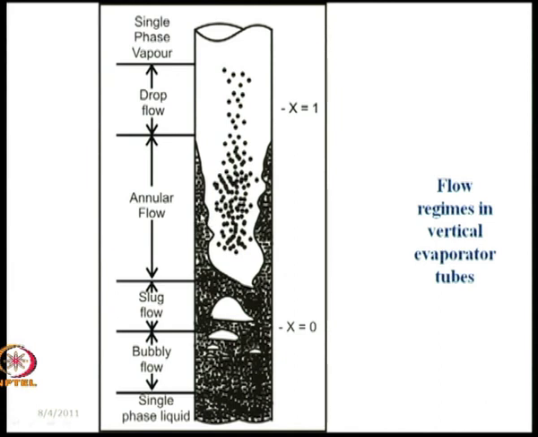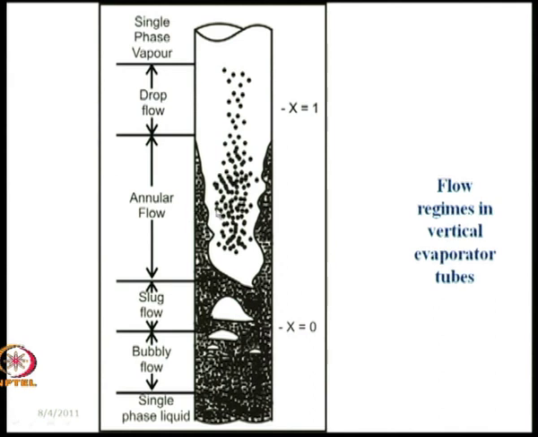Now, after the annular flow pattern sets in, we find that the vaporization starts to occur not more at the walls, but predominantly from the vapor liquid interface, and gradually the liquid film starts getting depleted.